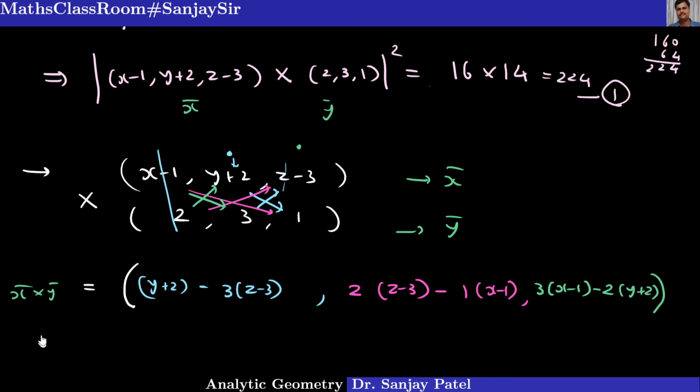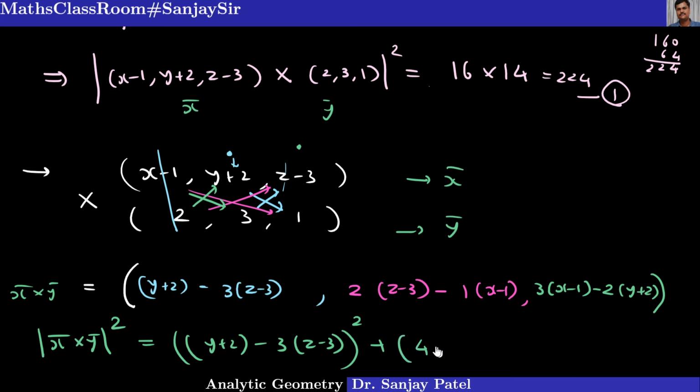So magnitude of this x cross y and then squaring it, we will get directly this thing: y plus 2 minus 3 into z minus 3, whole square, plus this square, 2 into z minus 3, or let me write in a nice form, not this way, let me simplify and then write the square.